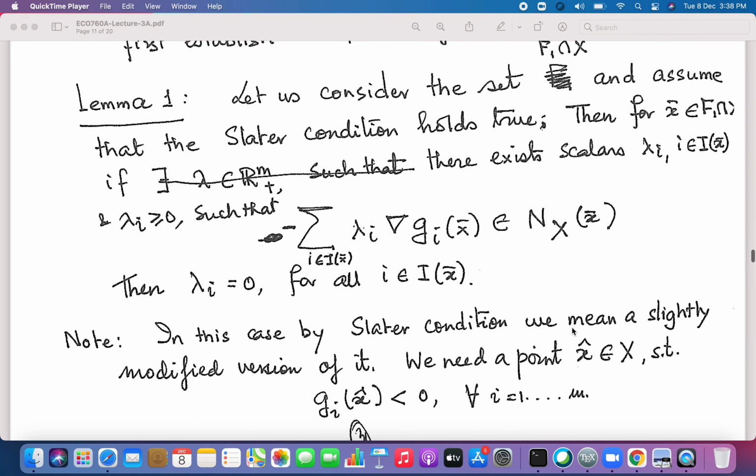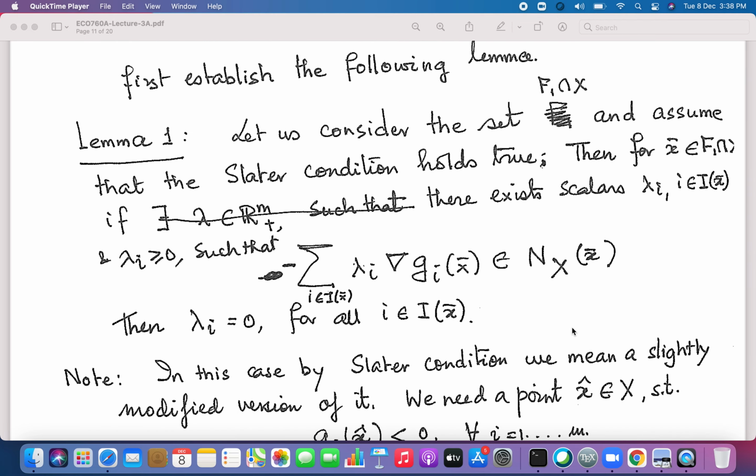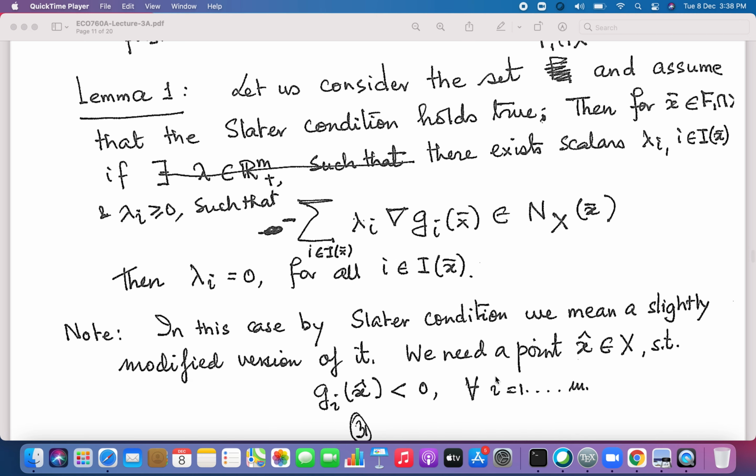I would say modified Slater condition, a slightly modified version, which means I will need a point x hat, an element of x, such that gi x hat is strictly less than 0. The x hat where the Slater condition holds must be an element of capital X.